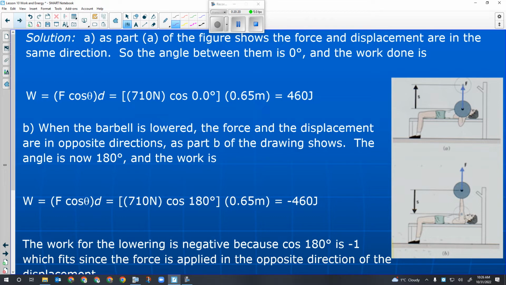But it's possible to do work even if there's no net force. If there's no net force, it just means it's traveling at a constant velocity. I could still be changing the object's potential energy. If there's a net force, I could be changing both. It's about the applied force. That's what does work.